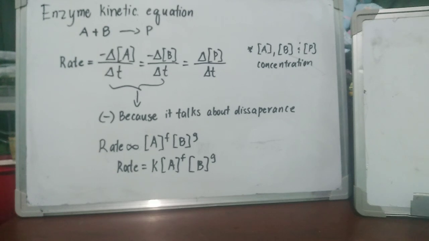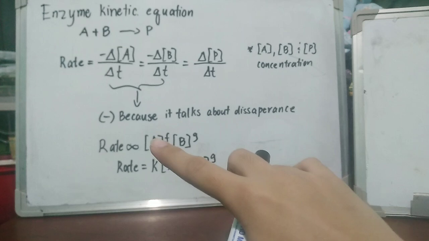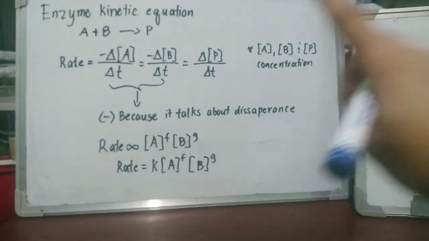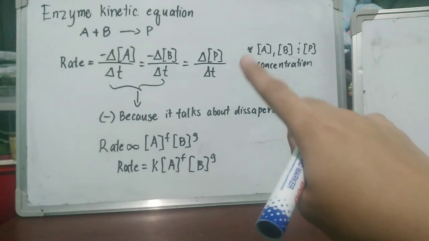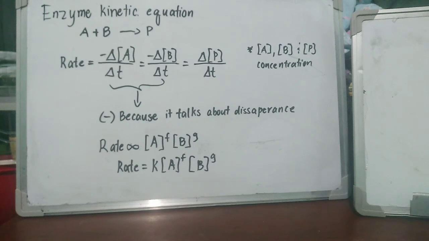The reason is that negative delta A and negative delta B, ito silang dalawa kasi it talks about the disappearance, and positive si P kasi it talks about the appearance of P. So, given na ito na equation, we can say that the concentration A and B disappear, P will appear.